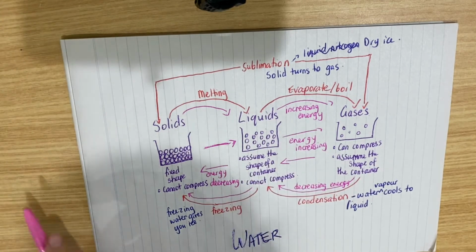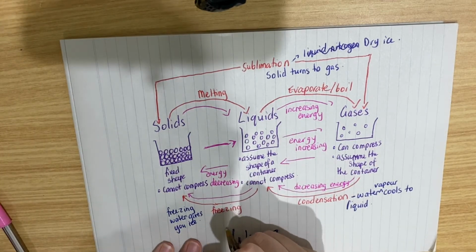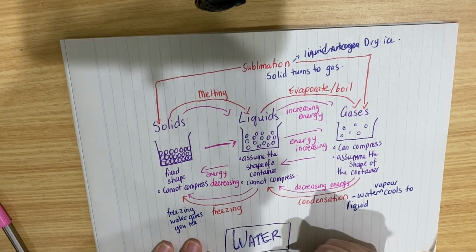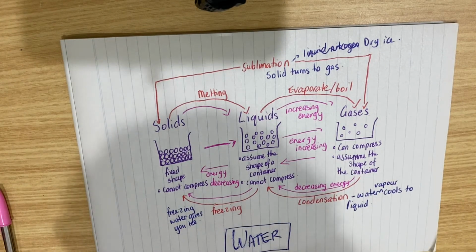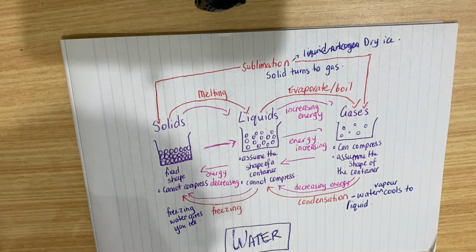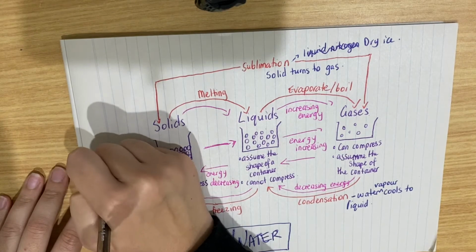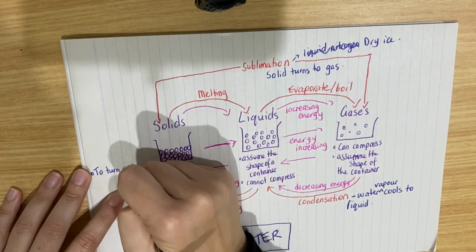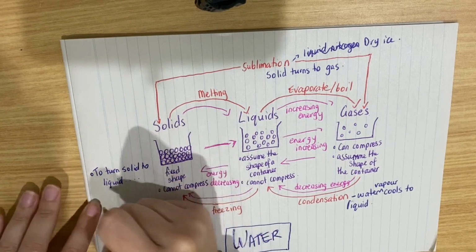All right, Year 7. I hope that you learnt quite a bit this lesson. That's all I want you to do for this lesson, please. If you could have this in your book and just put a few points about what's happening. So maybe you could say, to turn solid to liquid, and then you're going to tell me the rest.